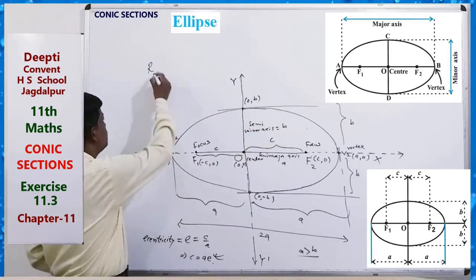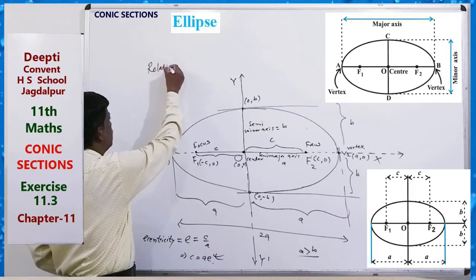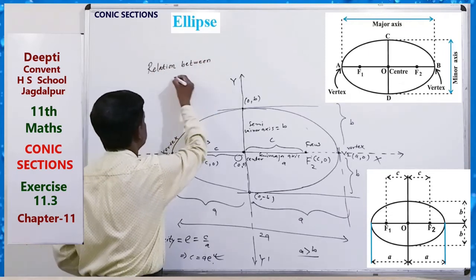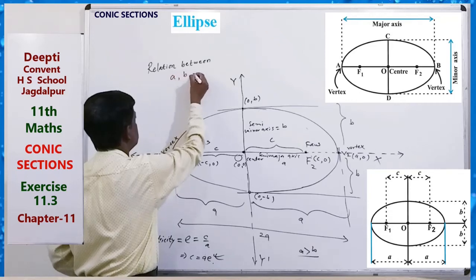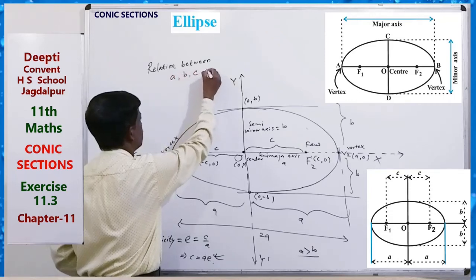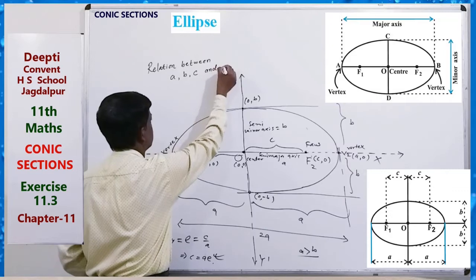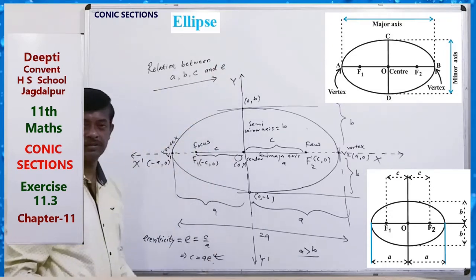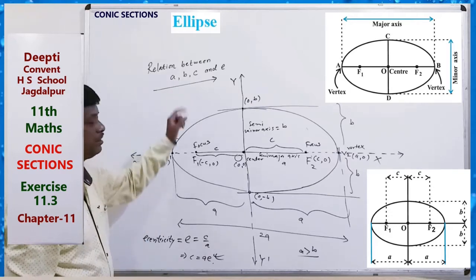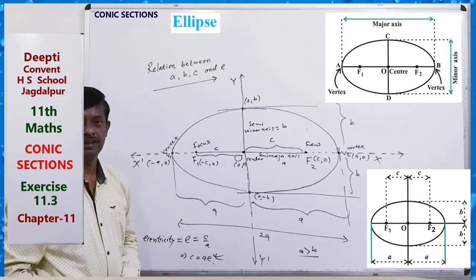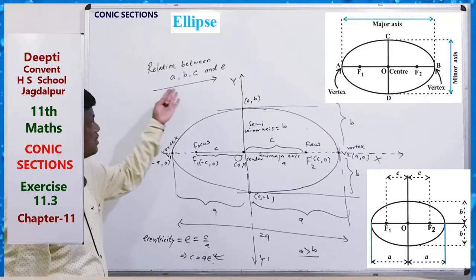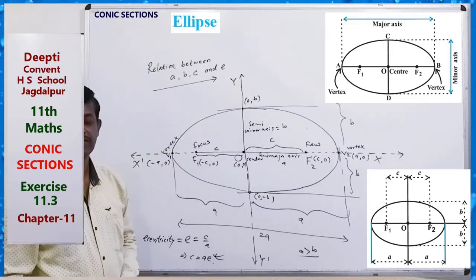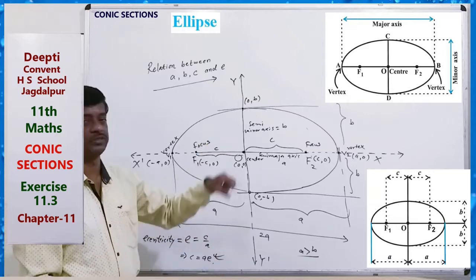Now, the relation between A, B, C and E. Very, very important. And after finding the relation between these, we will derive the equation of the ellipse.